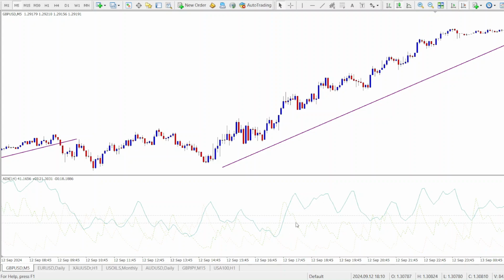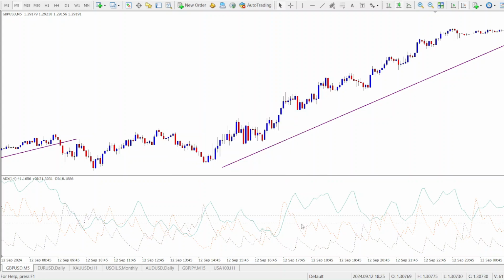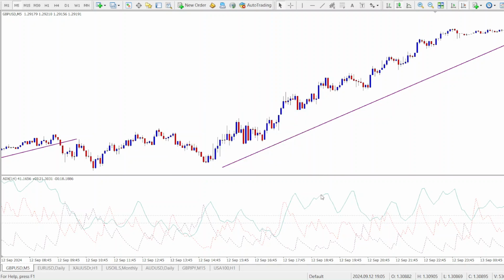Let's use more contrasting colors. The plus DI line is this orange-red one. When the plus DI line crosses above the minus DI line, it suggests an upward trend, as we can see happen here.